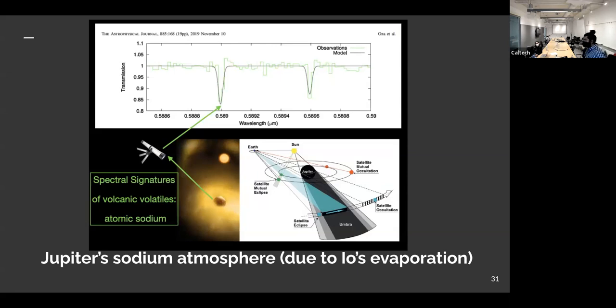And one more idea, although this might be slightly less certain because it could be from comets. Jupiter's atmosphere was observed in transmission, in that same technique we use to identify volatiles at exoplanet atmospheres.